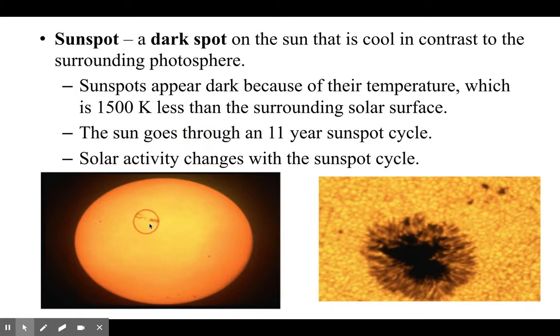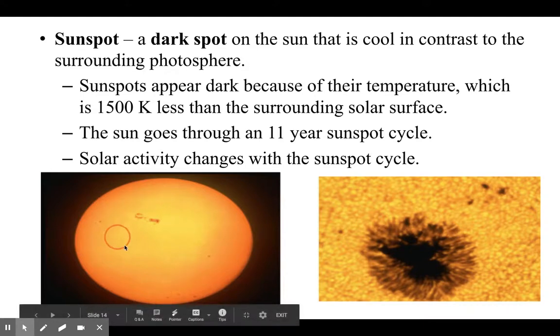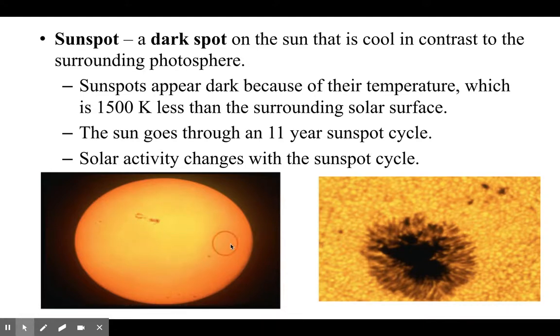Now, the sun goes through this cycle where every 11 years, there's a bunch of sunspots. And then the sunspots go away, and it's like a perfectly smooth surface. We don't see any dark spots. And then 11 years later, a bunch of dark spots. This affects its activity, which just means what comes out of the sun.